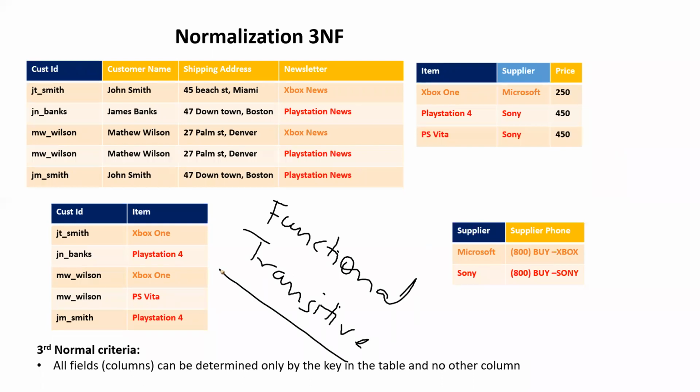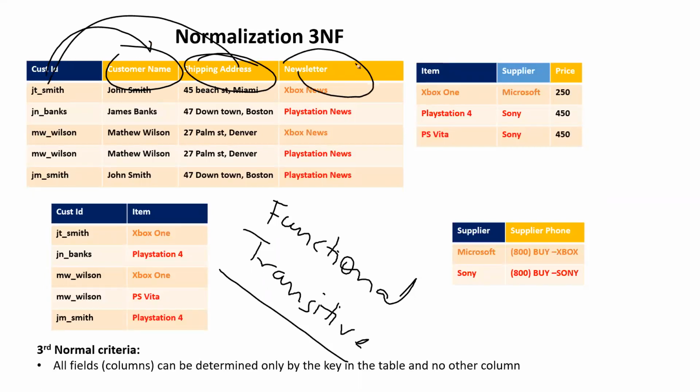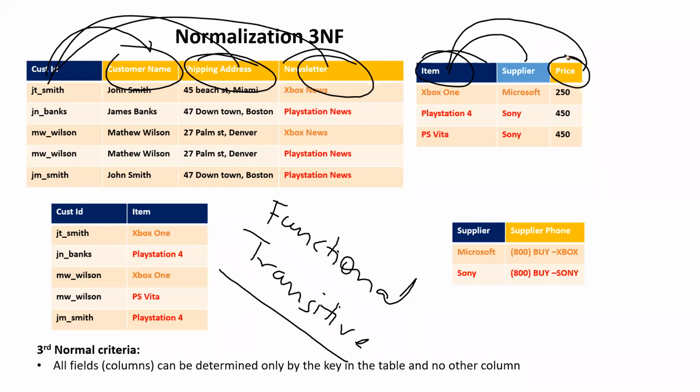Now each table is well segregated, right? I can find customer name with the customer ID. I can find shipping address with the customer ID. I can find the newsletter which he opted for from the customer ID. Similarly, I can find the supplier from the item. I can find the price of the item also from the item. Same way from the supplier, I can get the supplier phone number as well.